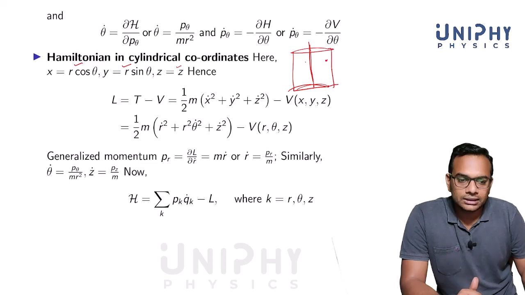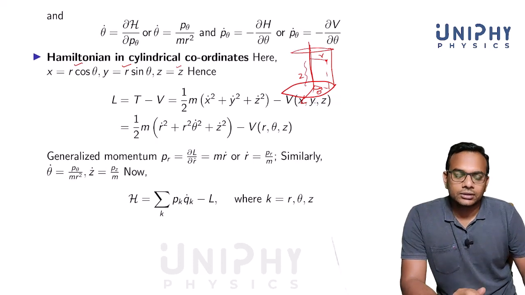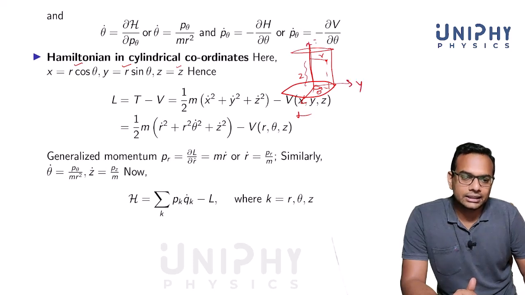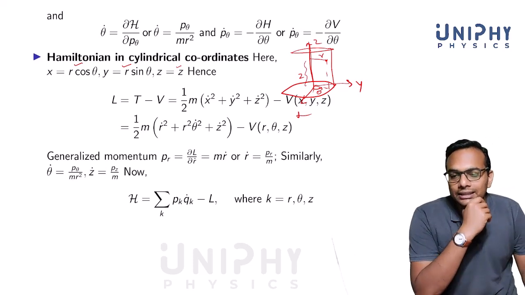This height we can call z, and this distance is r, and this angle we call theta. This is x, this direction is y, and this is z. Just by looking at this you can see that x equal to r cos theta, y equal to r sin theta, and z equal to z.